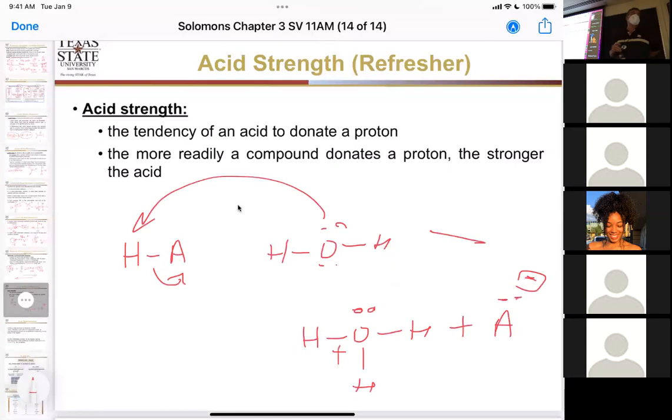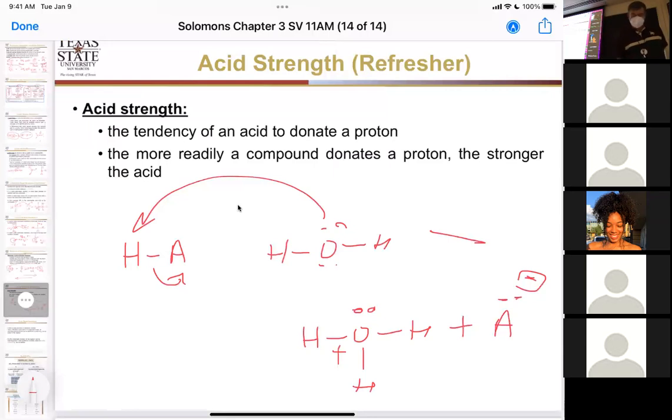How likely is it to have your acid go 100% over with water to give you the hydronium ion? If it's a very strong acid like HCl, it's going to do it almost 100%. But in something else like acetic acid, it's not going to do it 100%. So measuring the difference between how much it's donated or how little it's donated gives us an idea of whether it's a strong acid or a weak acid.